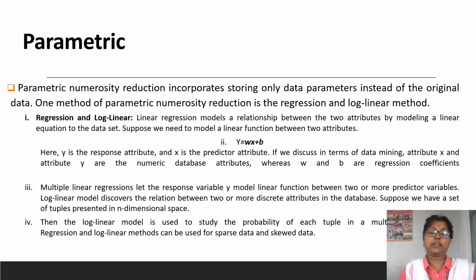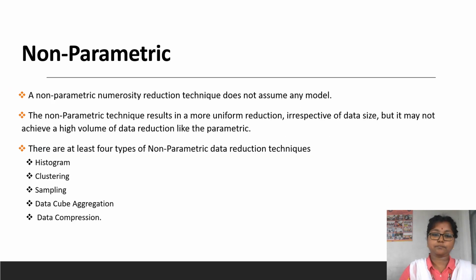Linear regression models the relationship between two attributes by fitting a linear equation to the data. Suppose the linear function is y equal to w x plus b. Next one is non-parametric. A non-parametric numerosity reduction technique does not assume any model.